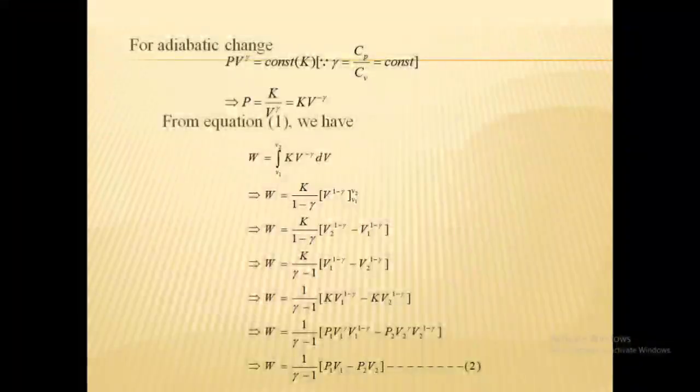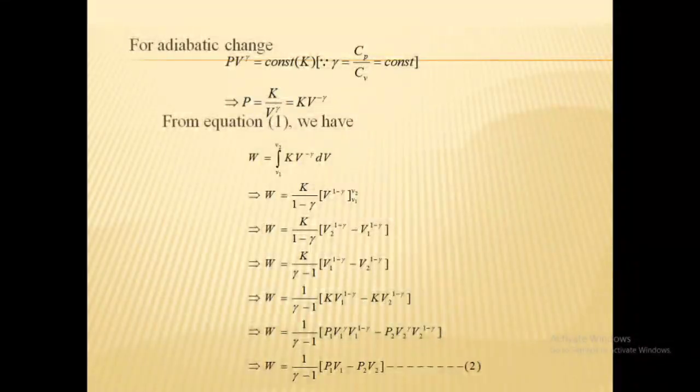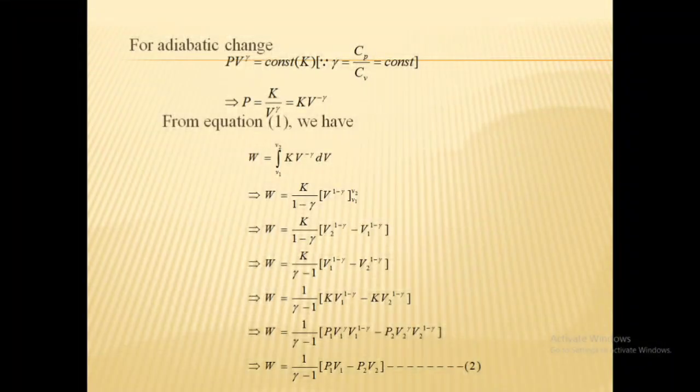Putting the value of P in equation 1, we have work done W equal to integral of K V to the power minus gamma dV, and the limit of volume is V1 to V2. V1 is the lower limit and V2 is the upper limit of the volume. That implies W equal to K divided by 1 minus gamma times V to the power 1 minus gamma, with limits V1 to V2.